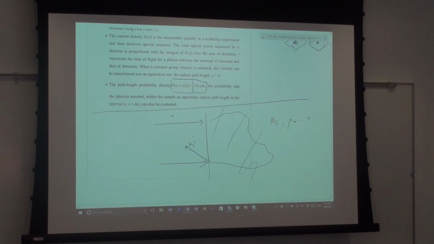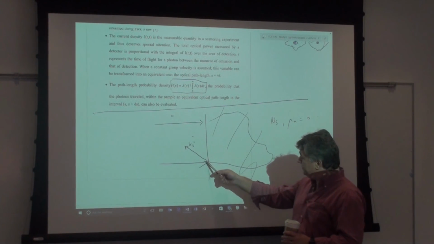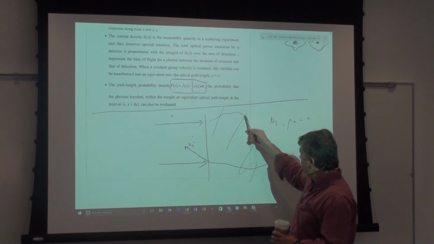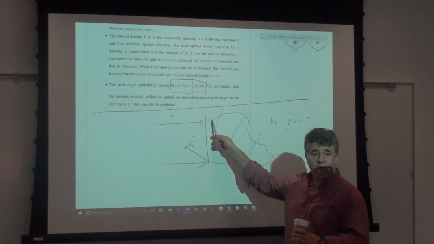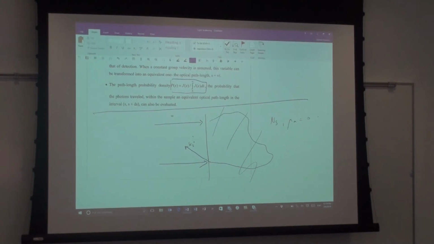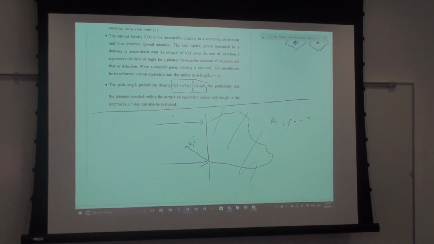It turns out that there is a finite probability to have light scatter exactly the same way, but in reverse order. You see what I'm trying to say? So this light coming in here and coming out this way can be paired with another wave that goes in the exact opposite direction.